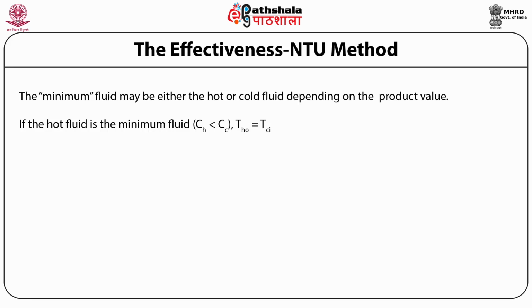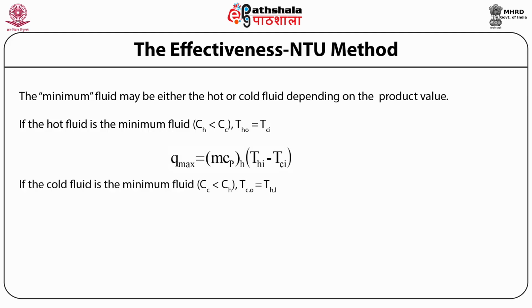In this case, if hot fluid is the minimum fluid, that is Ch is less than Cc, maximum heat transfer Q max is represented as MCP of hot fluid into Thi minus Tci. If the cold fluid is the minimum fluid, Cc less than Ch, that is Tco is equal to Thi.